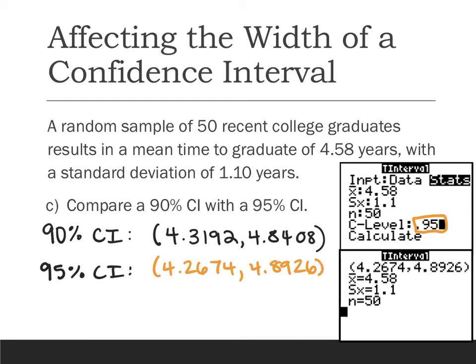If I'm 95% confident, then my interval is a little bit wider. And if I were to be 99% confident, in fact, I think I'll go ahead and put this in my calculator real quick and see what happens.